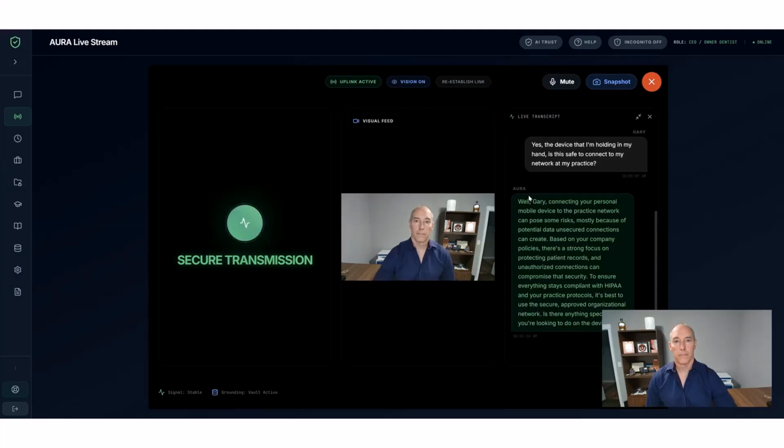Based on your company policies, there's a strong focus on protecting patient records, and unauthorized connections can compromise that security. To ensure everything stays compliant with HIPAA and your practice protocols, it's best to use the secure, approved organizational network. Is there anything specific you're looking to do on the device?